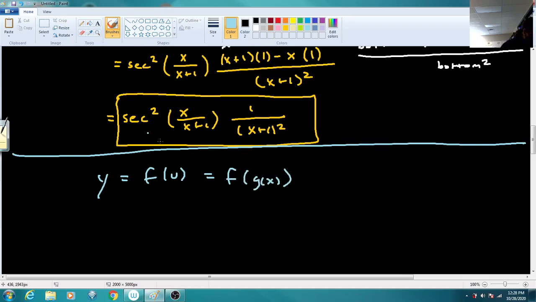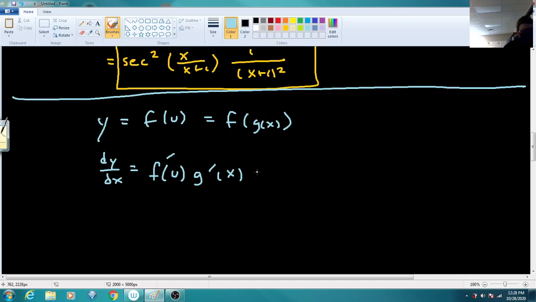If we did dy/dx of this expression, where f of u and u is a stand-in for g of x, it would be f prime of u times g prime of x, from the chain rule, because you could say f prime of u, the outer function with the inner part left alone, times the derivative of the inner part.